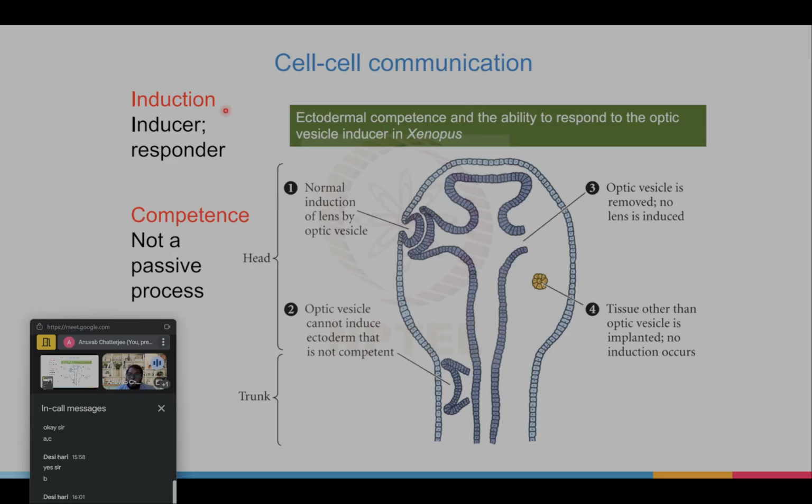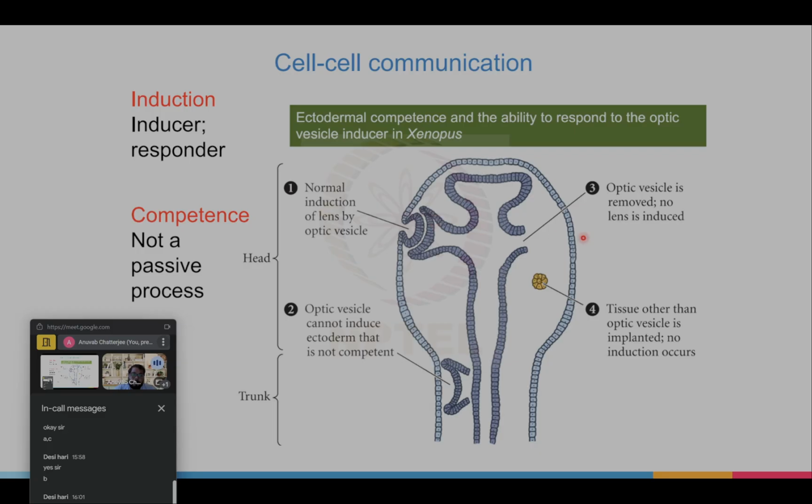So induction: inducer and responder. The responder is going to be the surface ectoderm and the inducer is going to be our optic vesicle, and competence is the ability of the surface ectoderm to receive the signal from the inducer and form the lens.